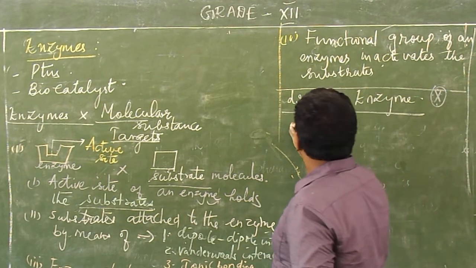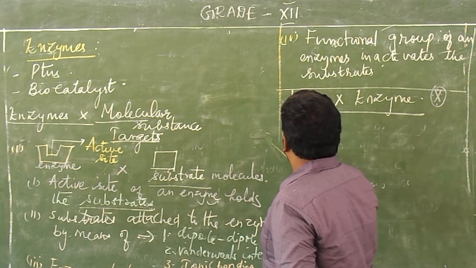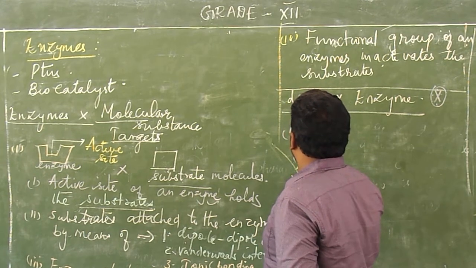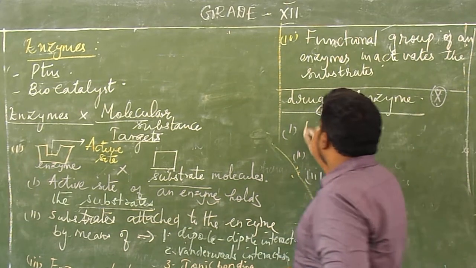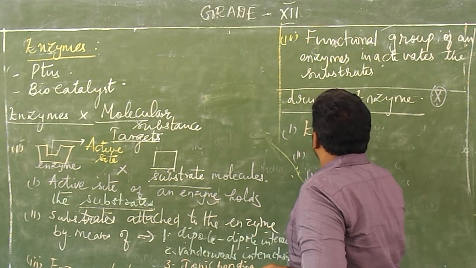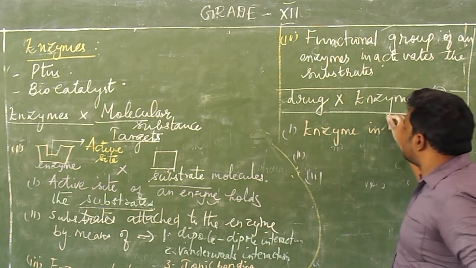So a drug interacts with an enzyme by means of 3 concepts. One, by means of enzyme inhibitors.